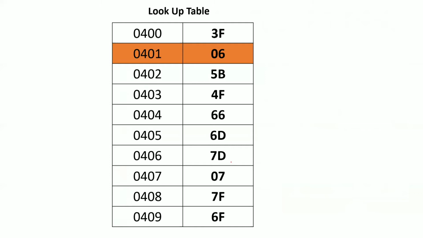In lookup tables, we store this permanent information of your 7-segment display codes. Why the name lookup table? Because every time I want to get the data, I look up into this table. That's why the name lookup table came into the picture.